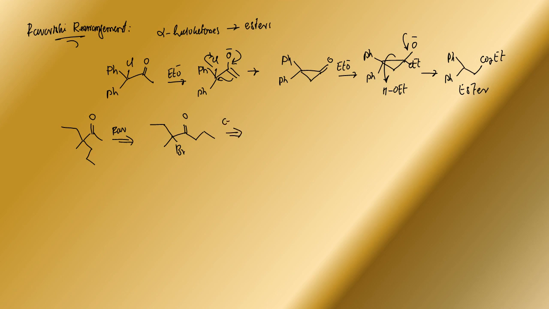I will break the C-Br bond, and I will get a species like this, which is again subjected to functional group interconversion, oxidation, and Grignard reagent, so that we could get the starting material.